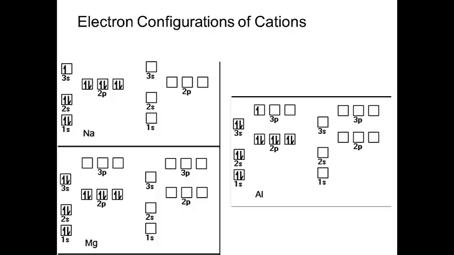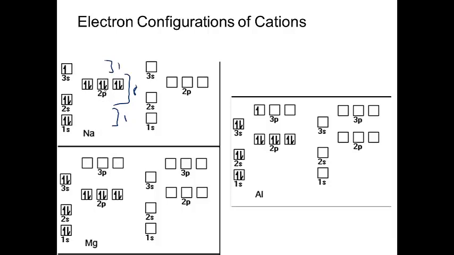Next, let's talk about the charges that we make. For sodium, it has 2 electrons in the n equals 1 subshell, 8 electrons in the n equals 2 subshell, and 1 electron in its n equals 3 subshell.